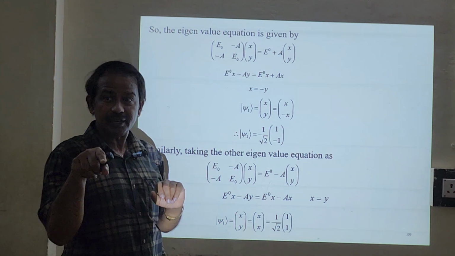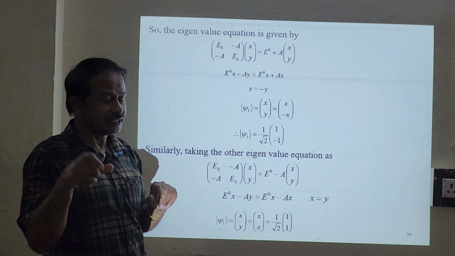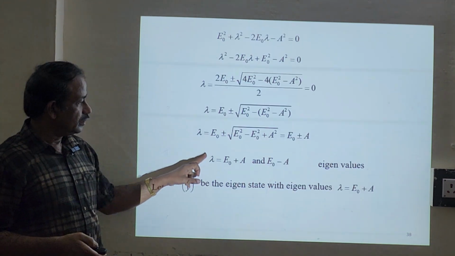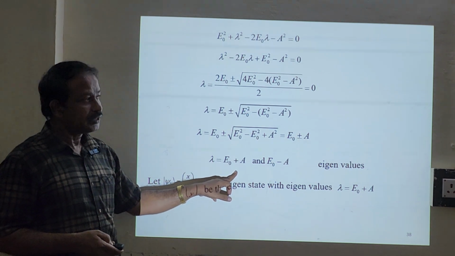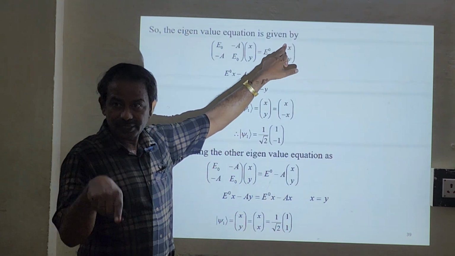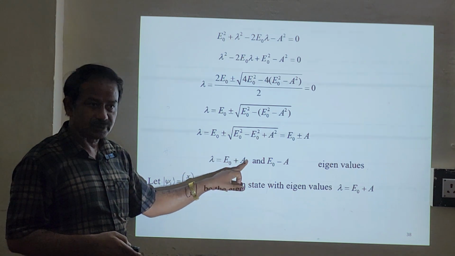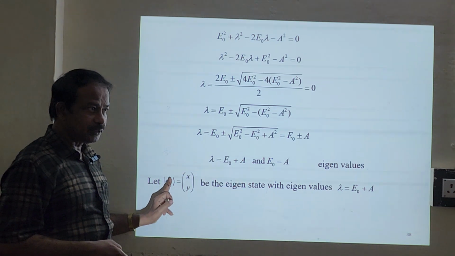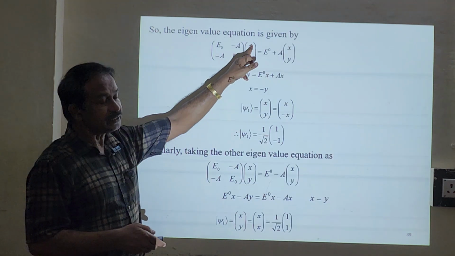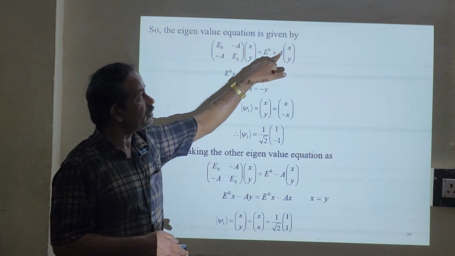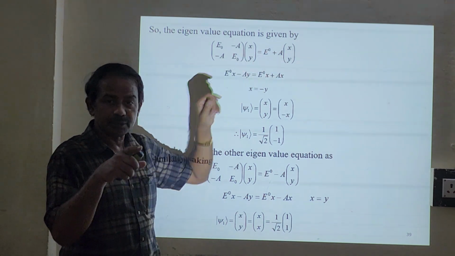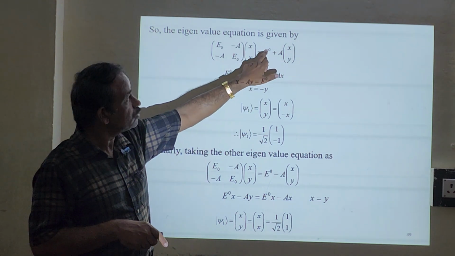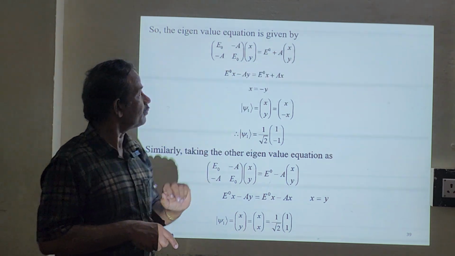Instead of lambda we have written E naught plus A. Here it must be lambda xy, because we have taken ket psi 1 as xy. So that's why we have written lambda. Instead of lambda we have written E naught plus A, so E naught plus A times xy.